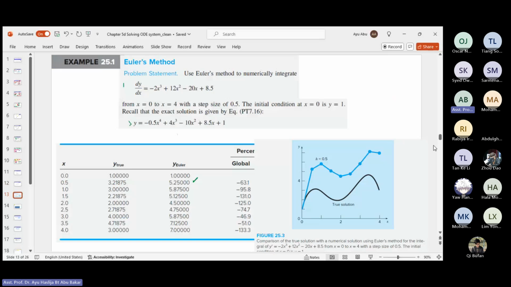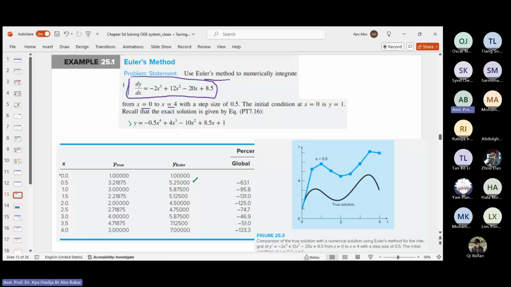Okay, this example is extracted from a textbook. It asks you to use Euler's method to numerically integrate. This is the given equation, the dy dx from x0 to x4. This is your range.